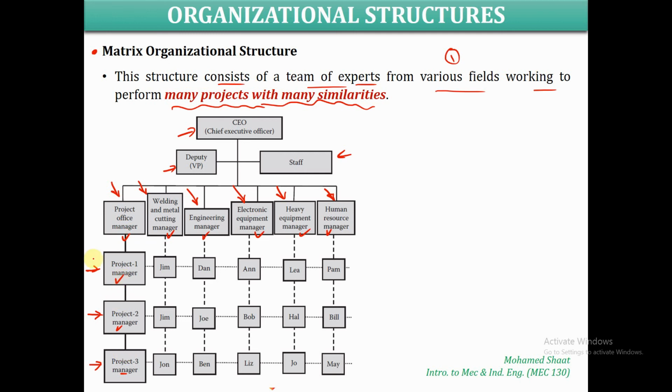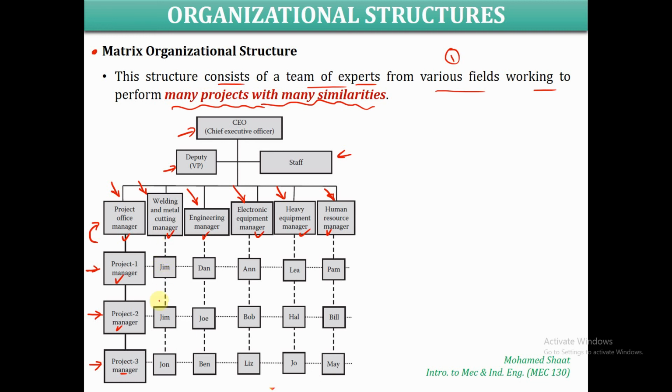So these guys are reporting to their boss, who is the manager of the project office, and then there is the manager of the welding and metal cutting office. He assigns a crew, group or team from this department to this project, and another group or crew to another project, and so on. Probably the same group or the same guy can work over multiple projects, that is fine, or you can assign different guys to different projects.